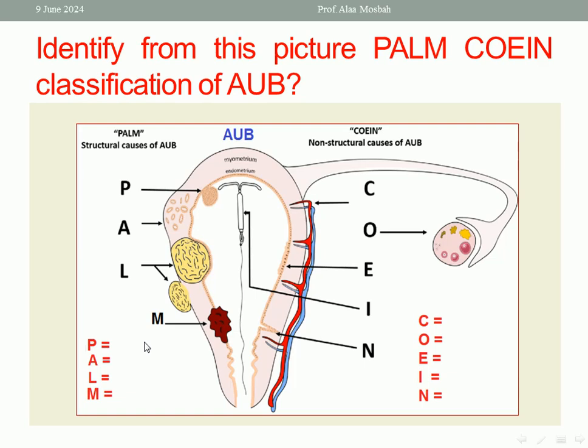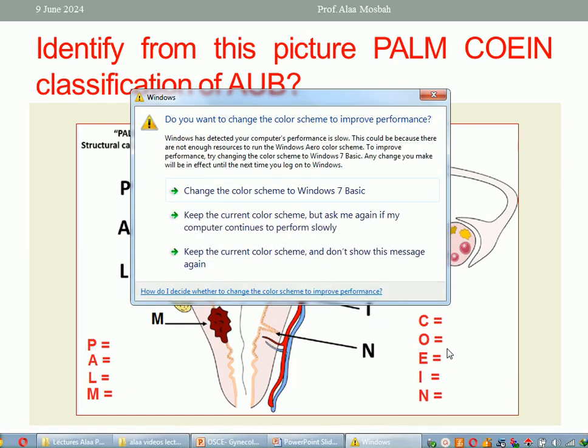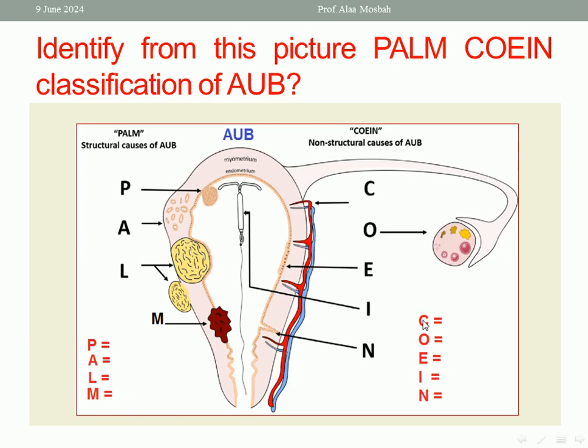What about the non-structural causes? In the word COEIN, C for coagulation dysfunction, O for ovulatory dysfunction, this is the ovary, E for endometrial causes, I for iatrogenic causes like IUD insertion, N for not yet identified causes.